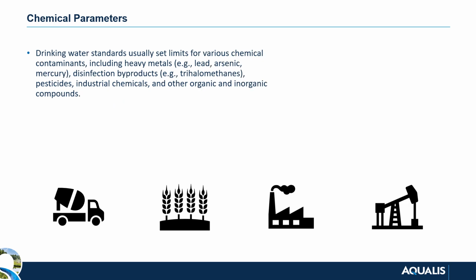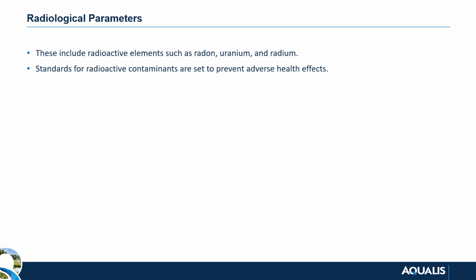Chemical parameters: drinking water standards usually set limits for various chemical contaminants, including heavy metals, disinfection byproducts, industrial chemicals, and other organic and inorganic compounds. Radiological parameters include radioactive elements such as radon, uranium, and radium.